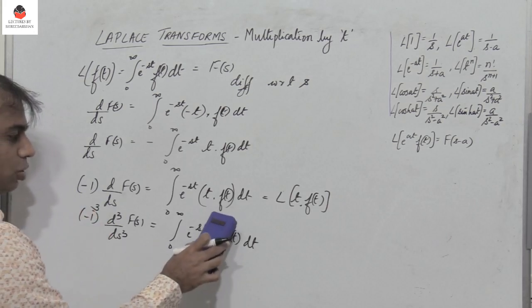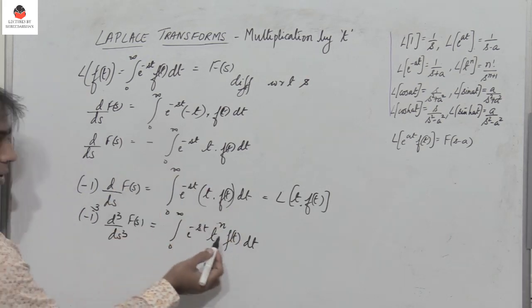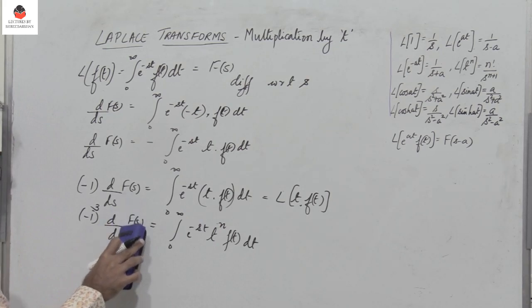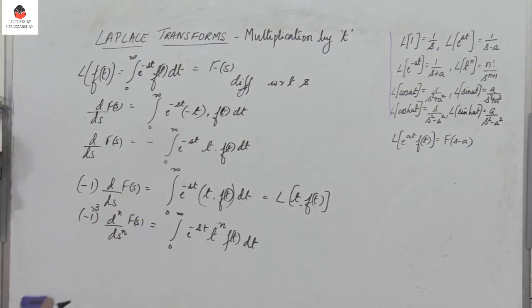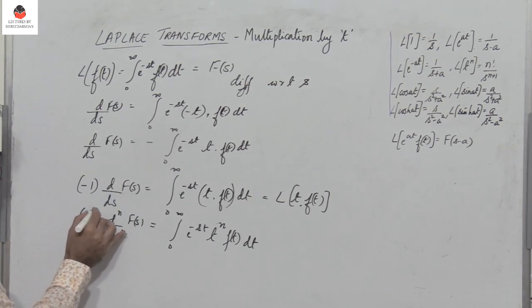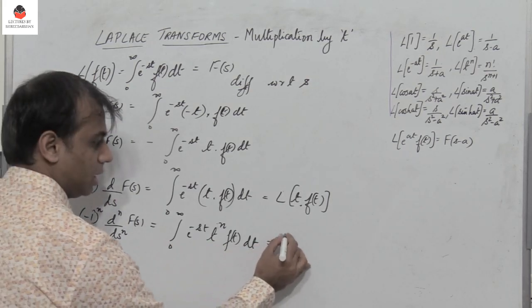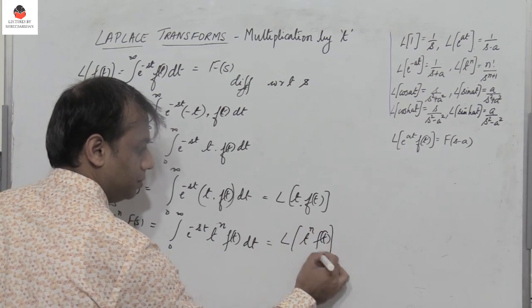So instead of t cube, I could have t power n. So if f of t is multiplied with t power n, then differentiate f of s with respect to s n times and multiply it with minus 1 n times. Right? So therefore this is nothing but Laplace transform of t power n f of t.